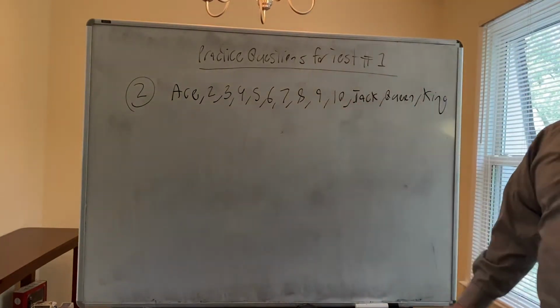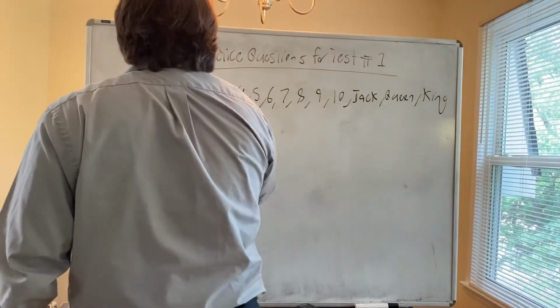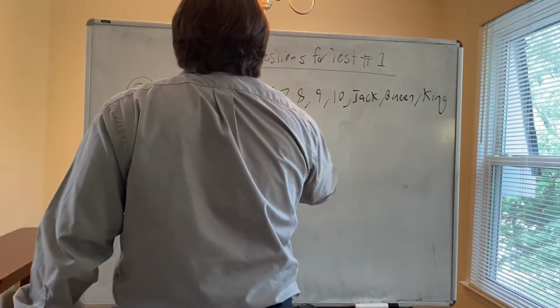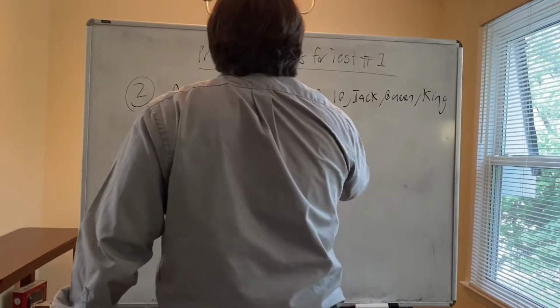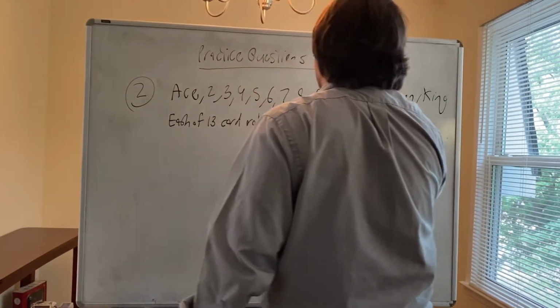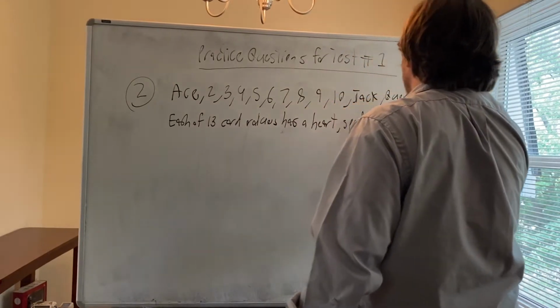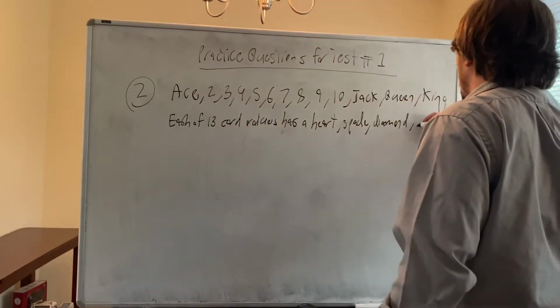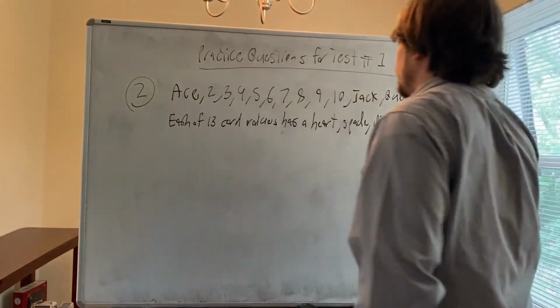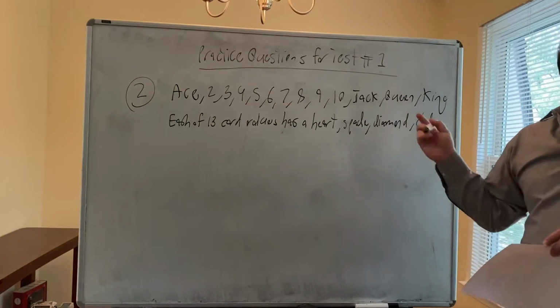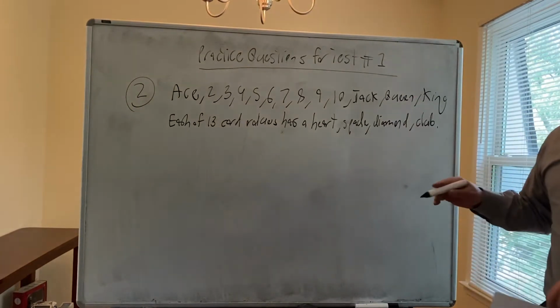Each of those 13 values comes in 4 suits: heart, spade, diamond, and club. So 13 times 4 is 52 cards in the deck.